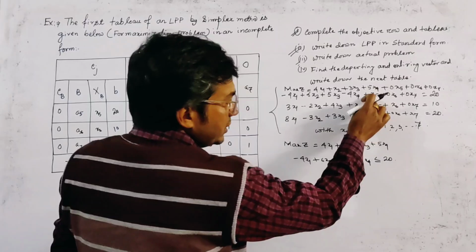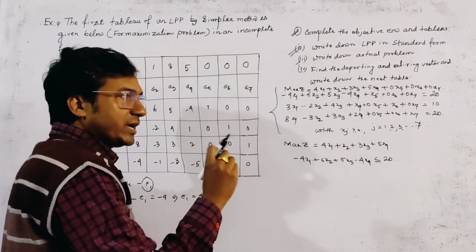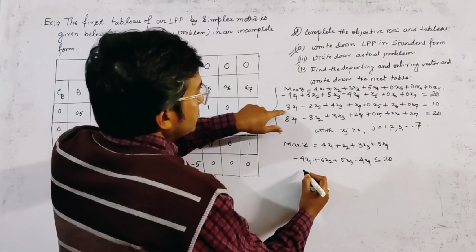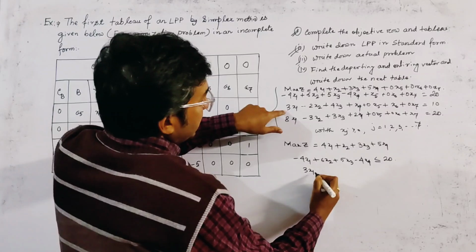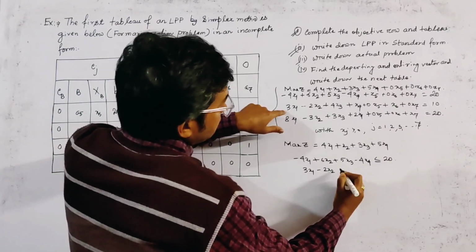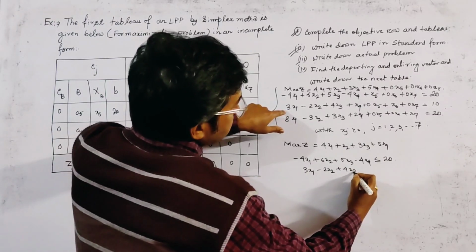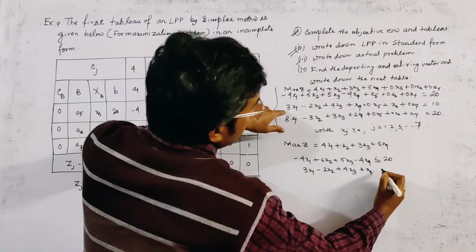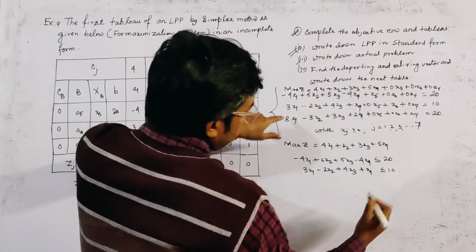We cannot write the slack variable here. And the second constraint is 3x1 minus 2x2 plus 4x3 plus x4, less than or equal to 10.